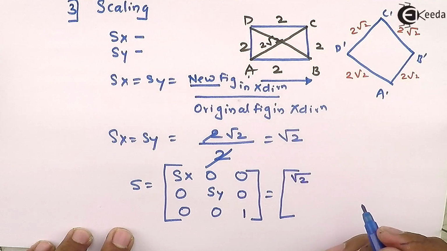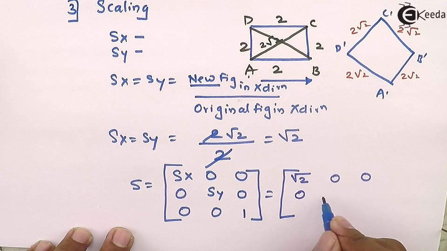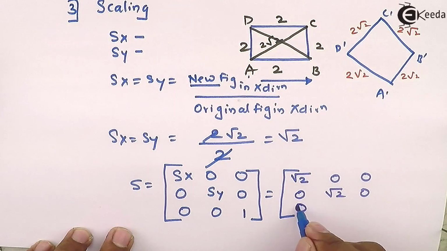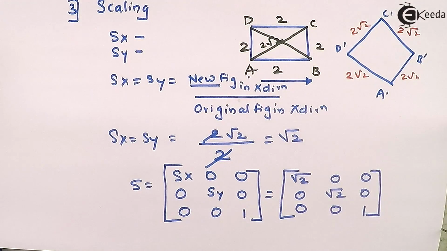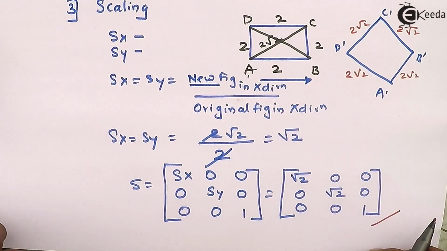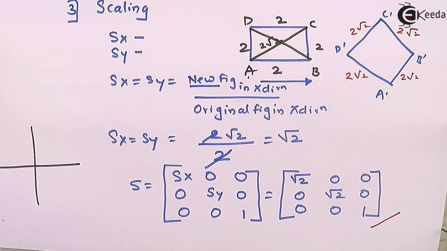So the matrix comes out to be root 2 0 0, 0 root 2 0, 0 0 1. So this is the matrix for scaling. Now we successfully scaled the figure, that is, the final square, whose size is somewhat bigger than the initial figure.